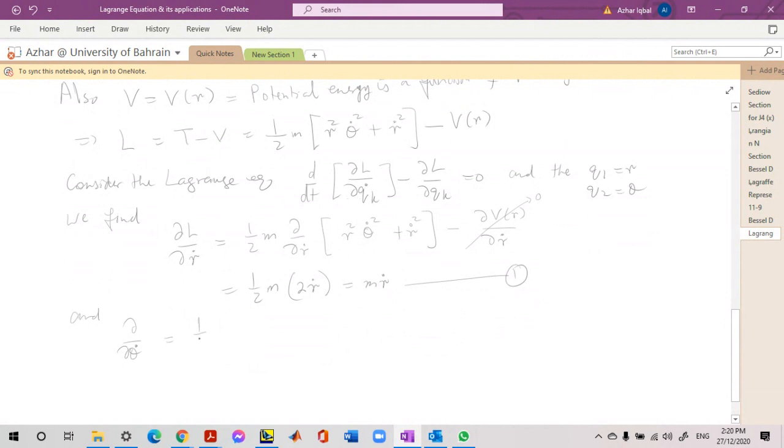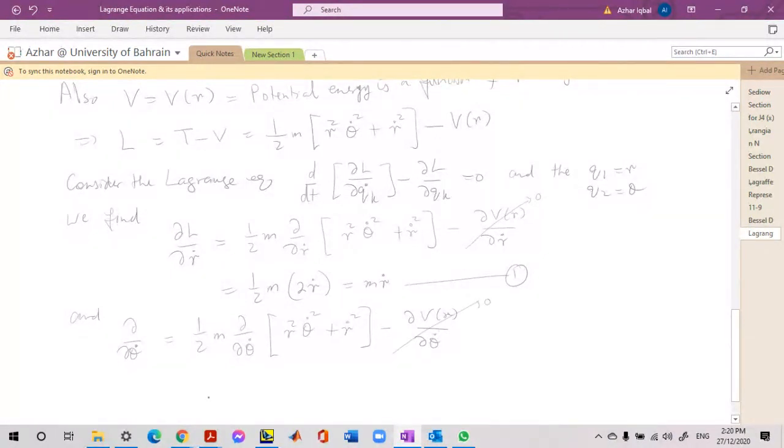So it becomes 1 over 2 m partial over partial theta dot of r square theta dot square plus r dot square minus V of r.